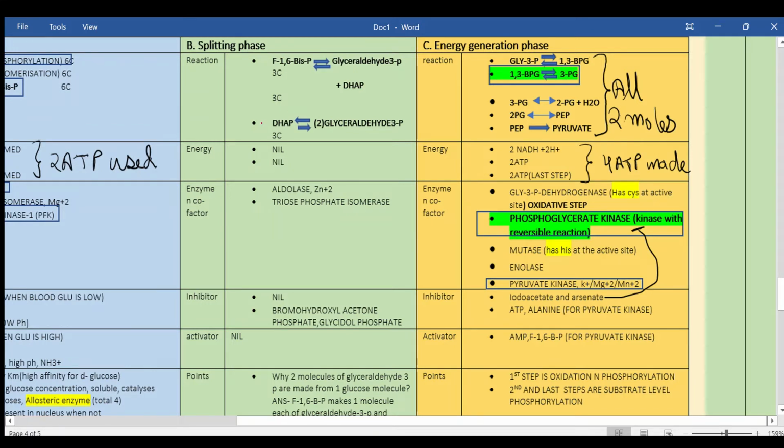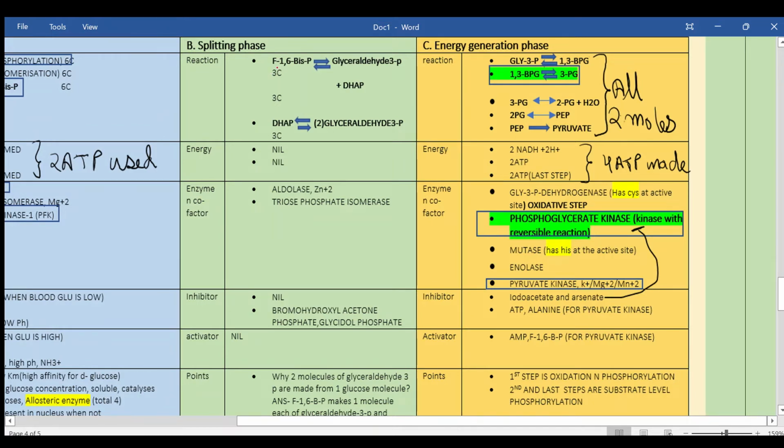Now dihydroxyacetone phosphate will be converted into glyceraldehyde 3-phosphate. Remember this step. In the first step, from fructose 1,6-bisphosphate we get glyceraldehyde 3-phosphate and dihydroxyacetone phosphate, and dihydroxyacetone phosphate will convert itself into glyceraldehyde 3-phosphate, giving two molecules in total. Always remember to keep the valency the same.